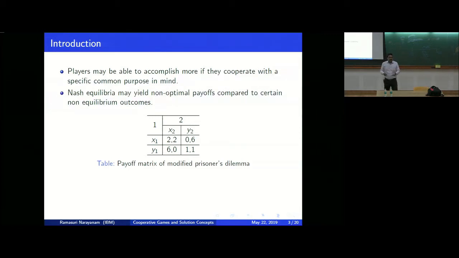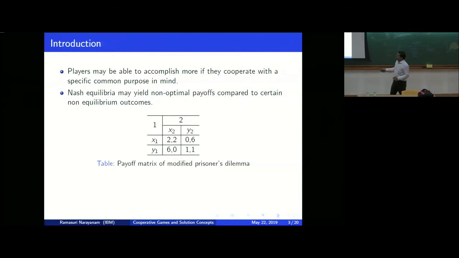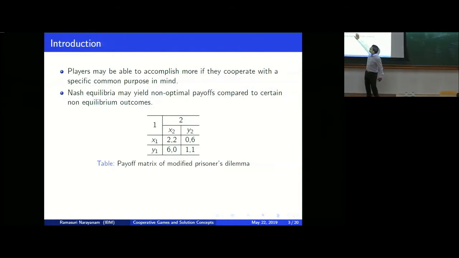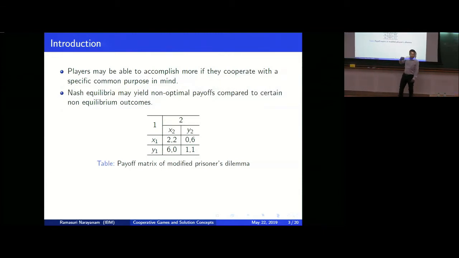So, I just wanted to tell, this is a huge area. If anybody wants to explore, you just try to search in Google: evolution of cooperation using social dilemmas. This particular example is called prisoner's dilemma. So what is the dilemma? Nash equilibrium outcomes give lesser payoffs. However, there exists some outcome which is not a Nash equilibrium outcome, but payoffs are strictly better than the Nash equilibrium outcome.